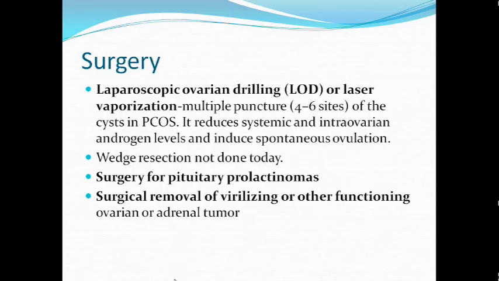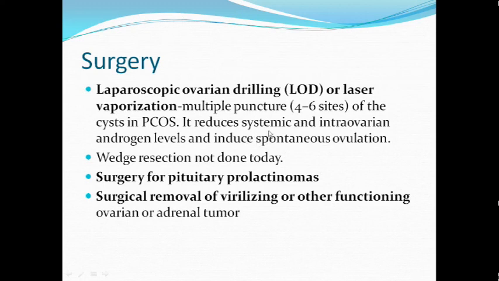Some different surgical methods for ovarian problems: in the case of resistant PCOS, if multiple cysts are there, you can do LOD, that is laparoscopic ovarian drilling, or laser vaporization. Here multiple punctures at 4 to 6 sites are done.